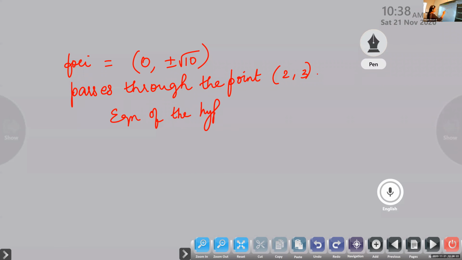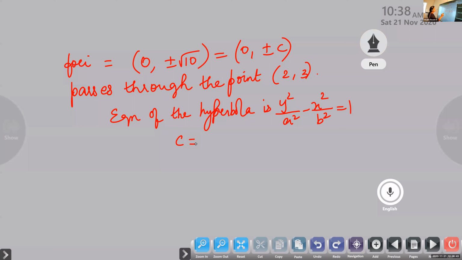Is it on the x-axis or y-axis? Y. So the equation of the hyperbola is y square by a square minus x square by b square is 1, isn't it? And your focus is given. It is 0, plus or minus c. So if you compare this, we will get c is equal to root 10.